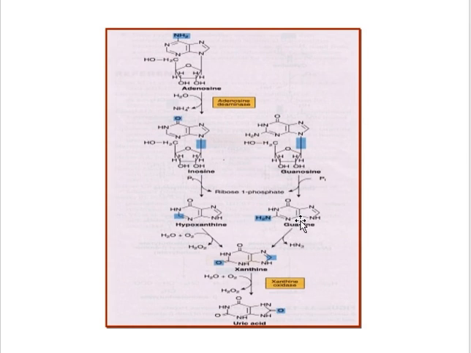Then this guanine after deamination is converted to xanthine, and this reaction is catalyzed by the enzyme guanase, and then xanthine is oxidized by xanthine oxidase to uric acid, and finally the uric acid is excreted out of the body through the urine.